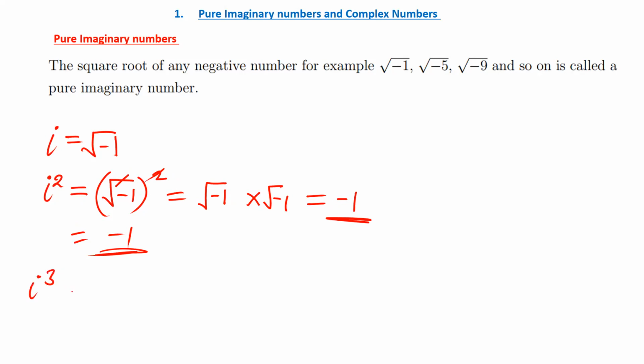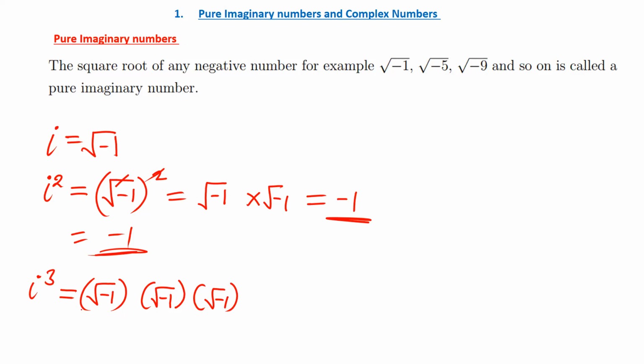And what if we say I to the power 3? What's the meaning of this? I to the power 3 is simply the same as the square root of -1 times the square root of -1 times the square root of -1.